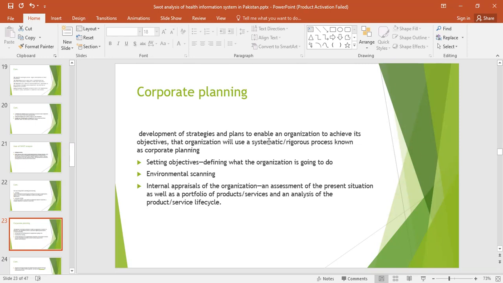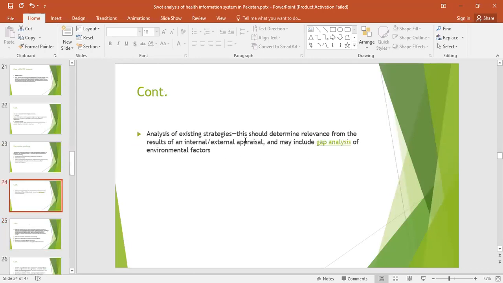Setting objectives defines what the organization is going to do, including environmental scanning, internal appraisal of the organization, and assessment of the present situation, as well as a portfolio of products and services and an analysis of product and service life cycle. Analysis of existing strategies should determine relevance from the result of an internal and external appraisal and may include gap analysis of environmental factors.